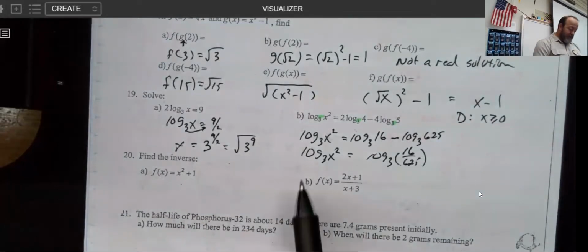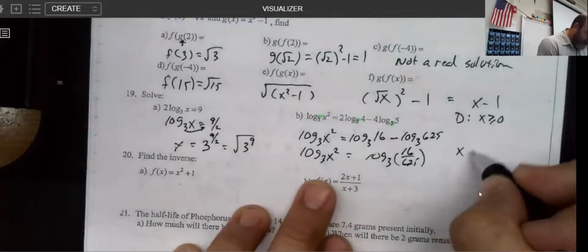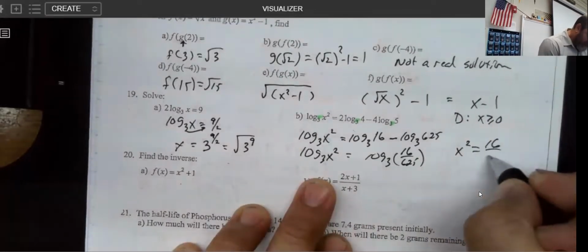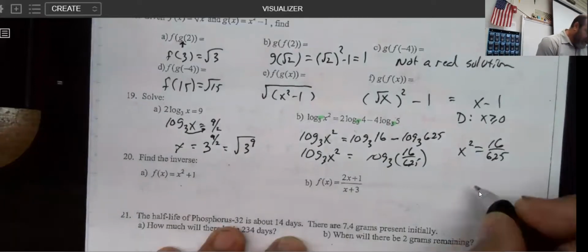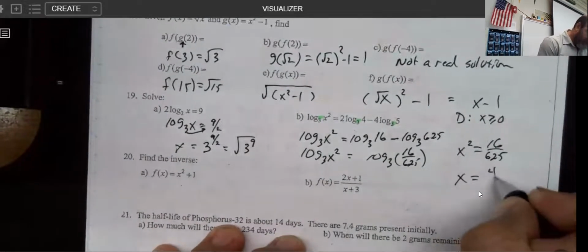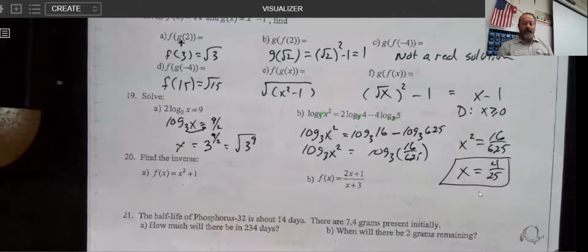If the log of something is equal to the log of something else, those two values clearly have to be the same. Now, again, there may be a couple of different ways to do this problem, but I felt like that was pretty efficient. I'm not looking for x squared, I'm looking for x itself. So if we take a quick square root of both sides, we're looking at 4/25, and we are out. Pretty nice, easy little questions if you remember a couple of properties. All right, see you later.